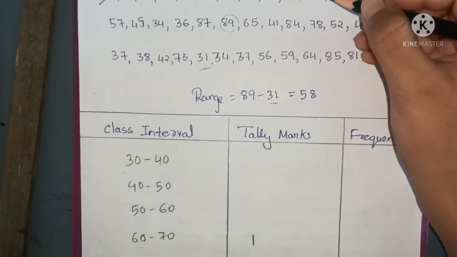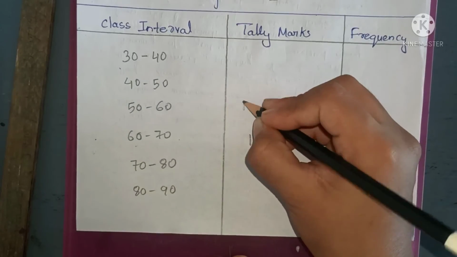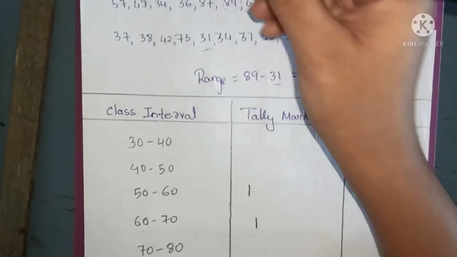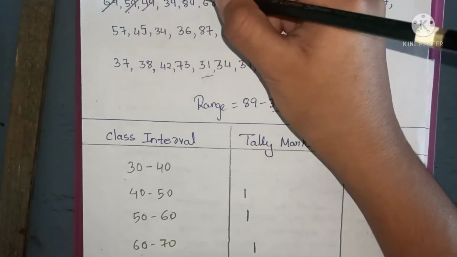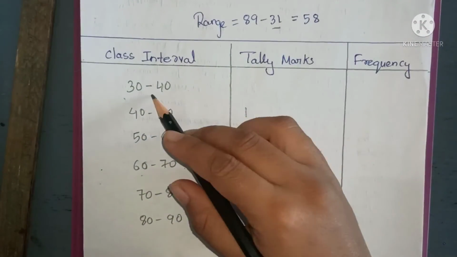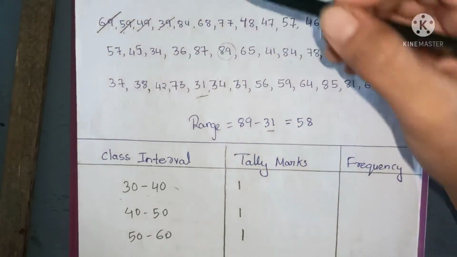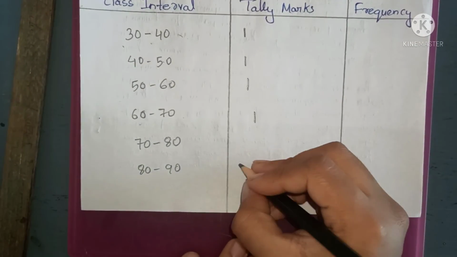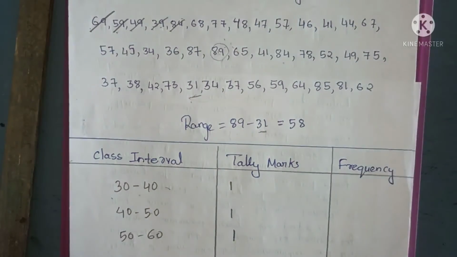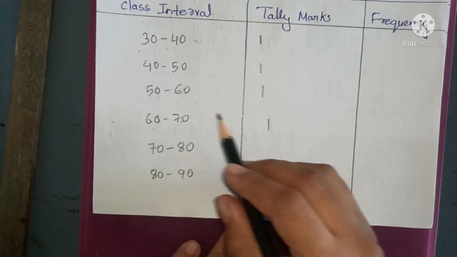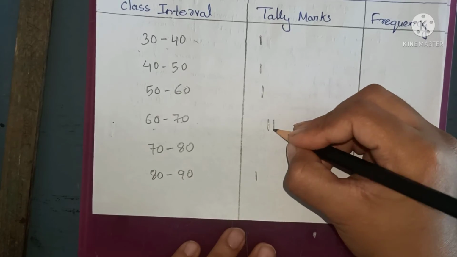We will cut it. Okay. Now comes 59. 59 will lie between 50 to 60, so one tally mark here. We will cut it. 49 will lie between 40 to 50, so one tally mark here. In this way we will continue. Okay. 39 will lie between 30 to 40. Then 84. 84 will lie between 80 to 90, so one tally mark here. 68 will lie between 60 to 70. 60 to 70 already has one tally mark, so we will put one more here.